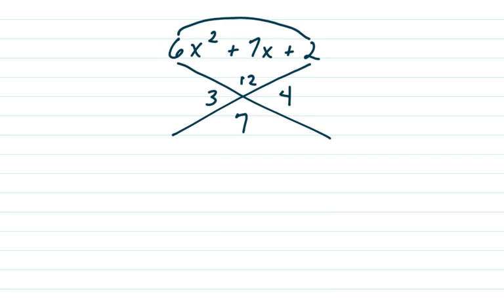Then we're going to, like we did before, write those as parentheses. But here's where things change. Because in the very beginning I had to multiply by that 6, now I have to divide these by 6. So this is why they call it slide and divide. Our 12 kind of slid down here, and now we have to divide by 6.